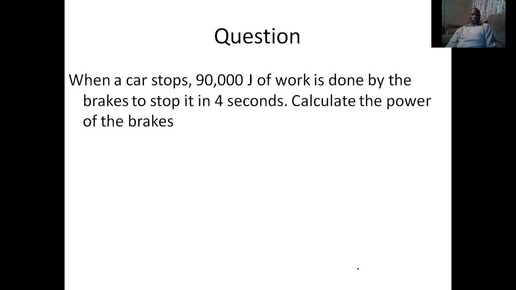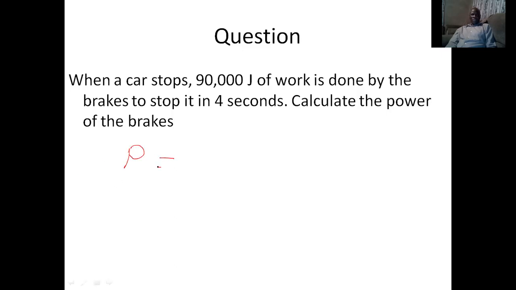The first question goes as follows: a car stops. 90,000 joules of work is done by the brakes to stop it in 4 seconds. Calculate the power of the brakes.